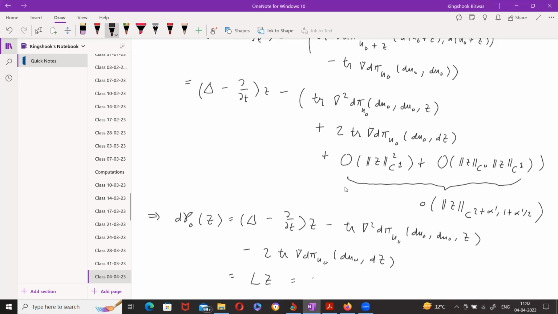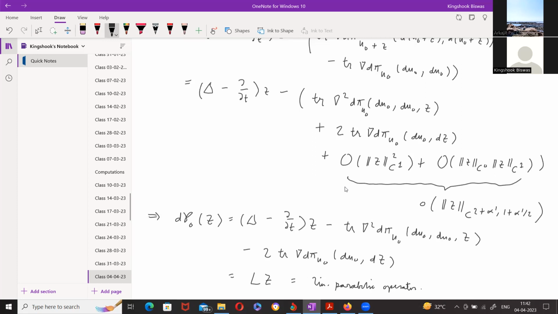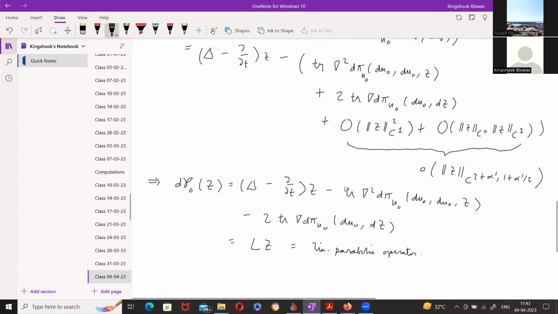which is a linear parabolic operator, right? Is this clear? Because the highest term in the space variable is Laplacian, minus you have del t in the time variable. And then this term is 0th order in the space variable. There's just a z here. And this is first order in the space variable, right? Is it clear?